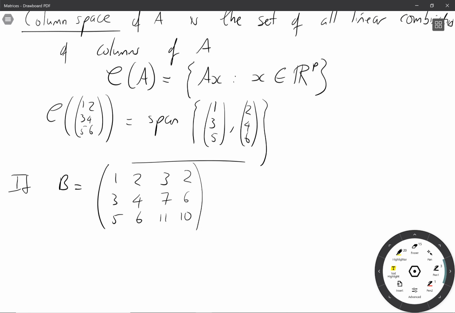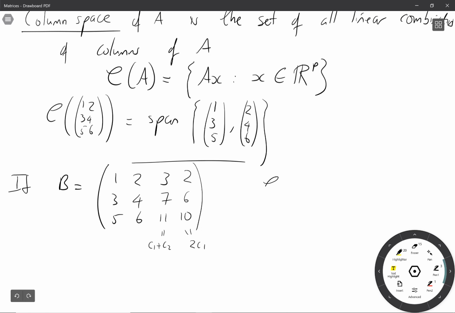So what's the column space of B? Well, the column space of B is exactly the same. Okay, this column was the first column plus the second column. This column was 2 times the first column. Okay. So the linear combination of columns in B is exactly the same as the linear combination of columns in A. I've not actually expanded the space at all.